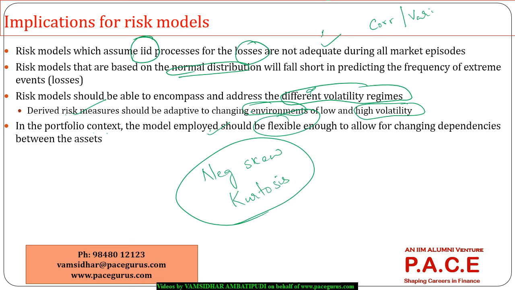All these behaviors need to be understood well, so that appropriate risk models can be chosen and applied to the data. So this is what I wanted to cover as a part of this session.